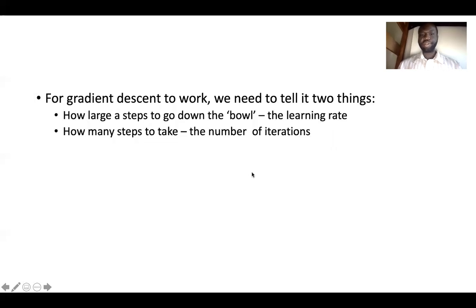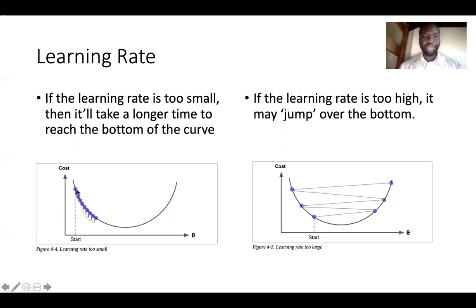So you can tell it to only move baby steps and be very careful as it's going down, in which case it'll take some time before it reaches the bottom of the bowl. But if your learning rate is too high, imagine you're a hyperactive child jumping over the bowl, or I had a superpower and was taking very large steps. You would miss the bottom, which is depicted here.